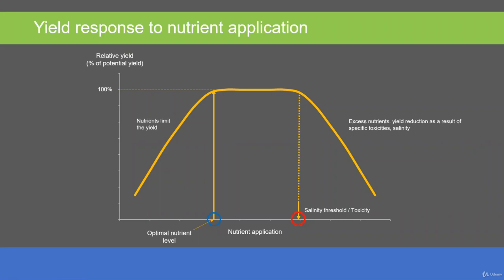Of course, we may apply the optimal nutrient rates, nutrient levels, but we have other limiting factors. Then even with the optimal nutrient level, we will not reach the potential yield.